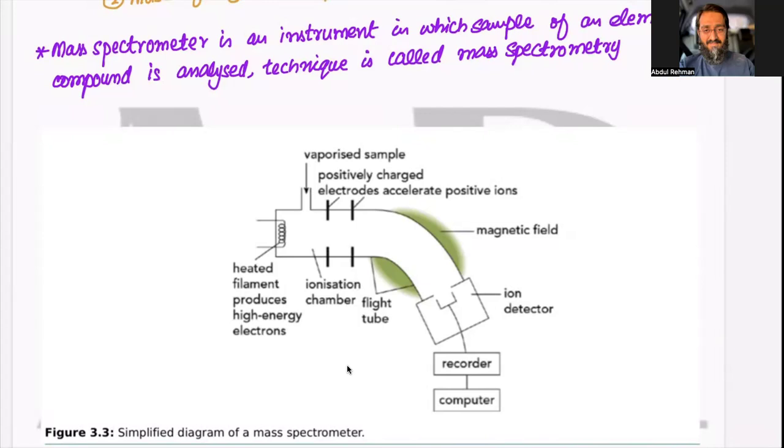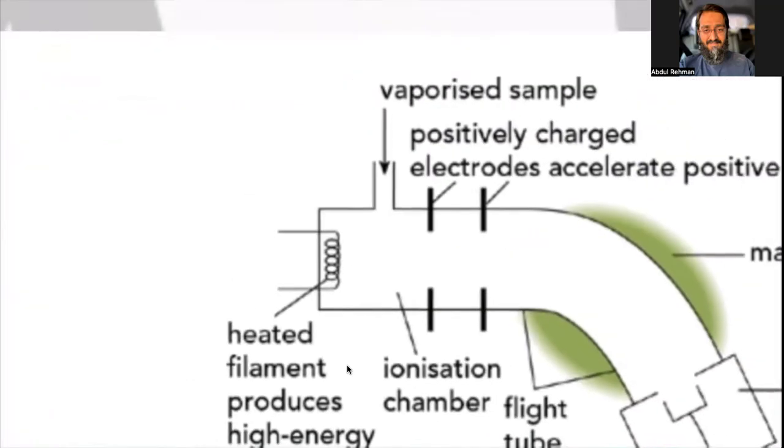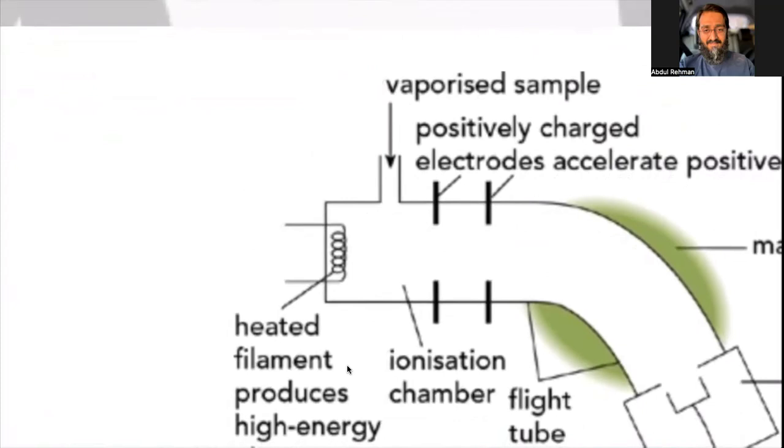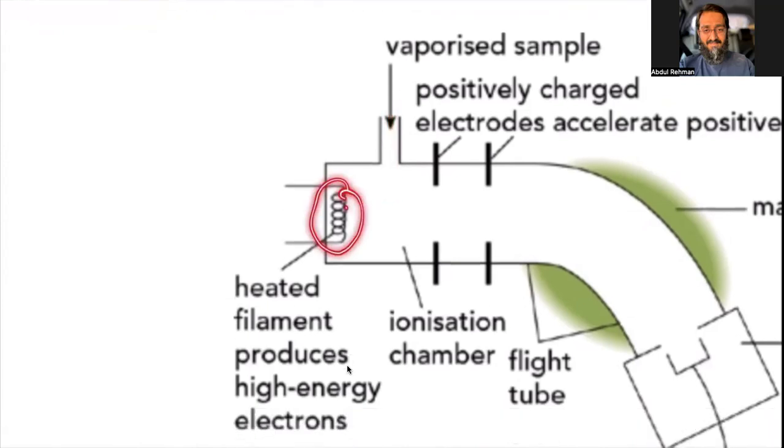Okay. So what happens if you see this region? What we do, we just introduce the vaporized sample of the element over here in this region. And there is a heated filament. What does that heated filament do? That heated filament produces high energy electrons in this direction. So when the sample atoms are there, they all get struck by these high energy electrons.